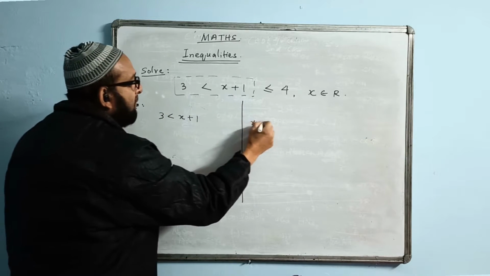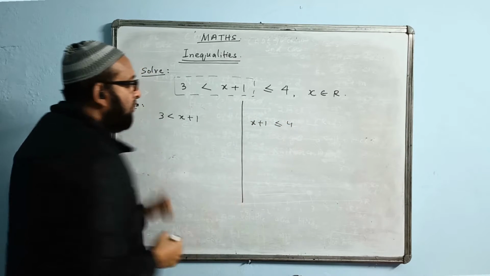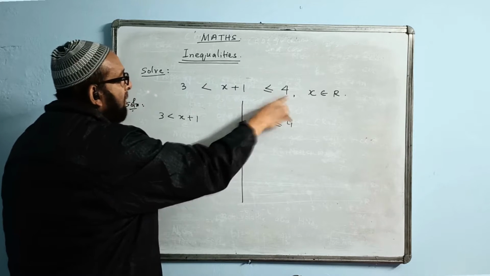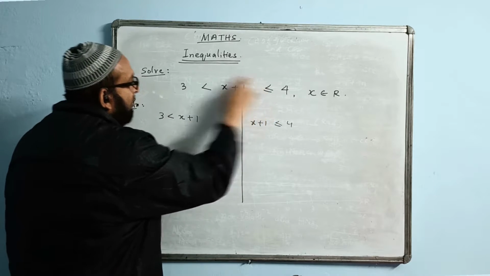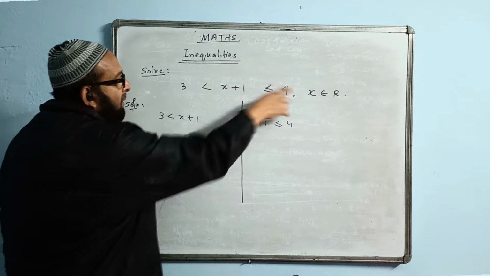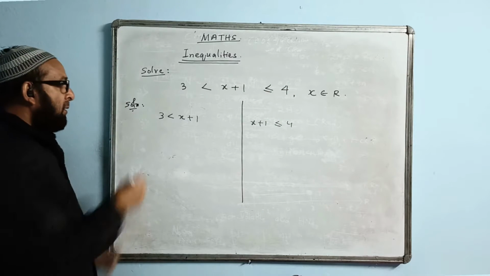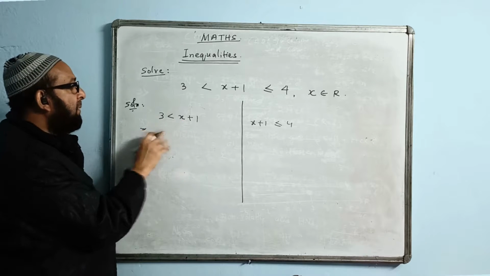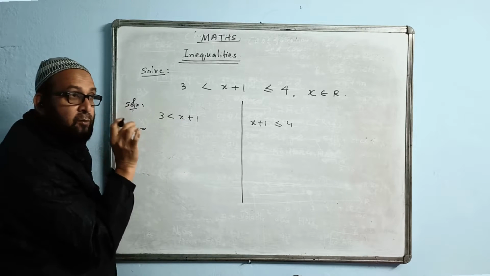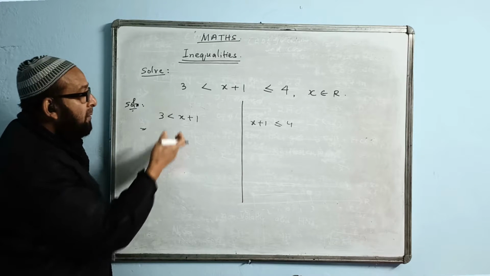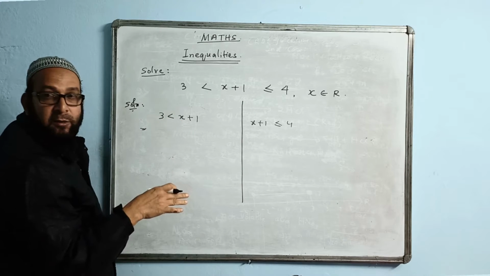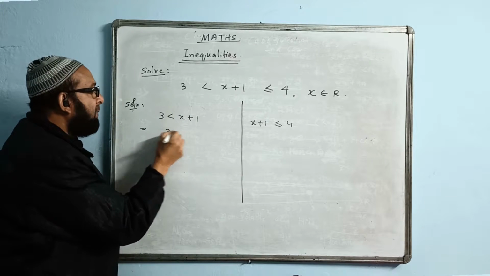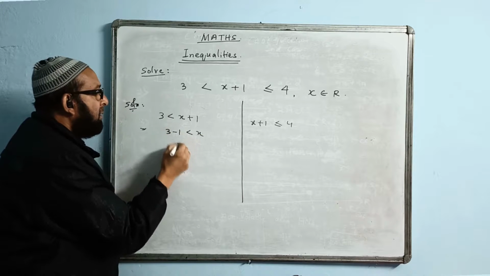On the other side I write x plus 1 less than or equal to 4. I will find the value of x, and you must keep x positive. If you bring x over, this will become negative. The sign coming before x must be positive. That is 1, you take this side, that is 3 minus 1, this is coming 2.